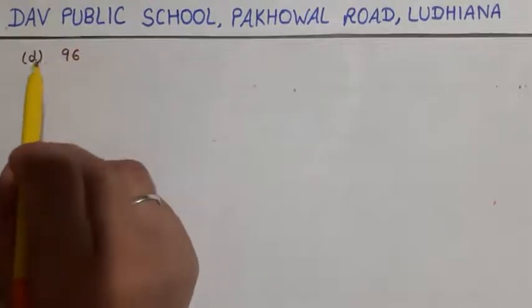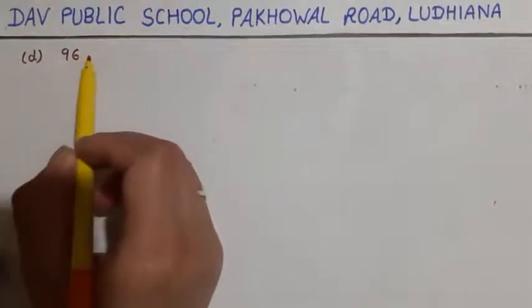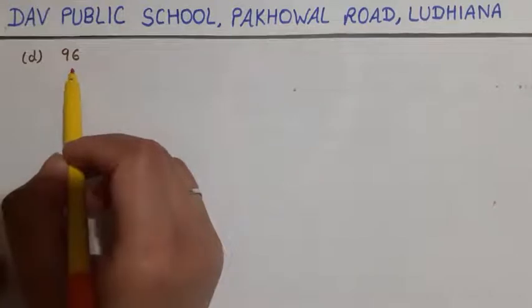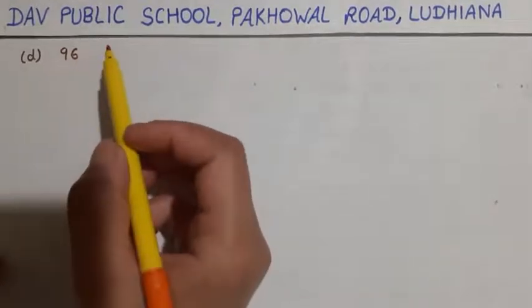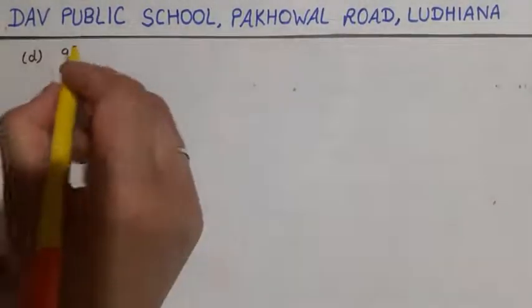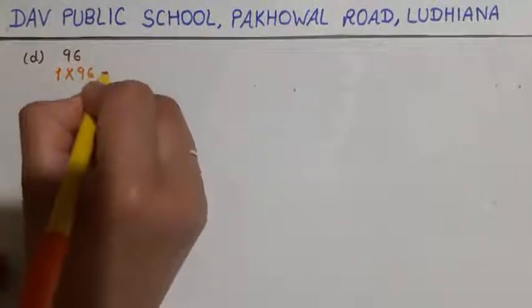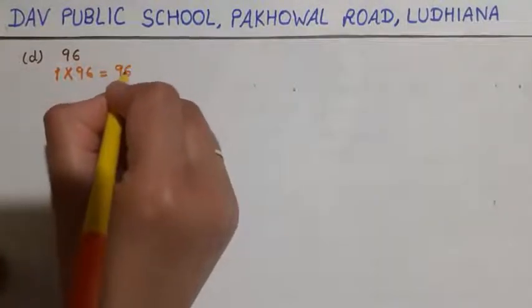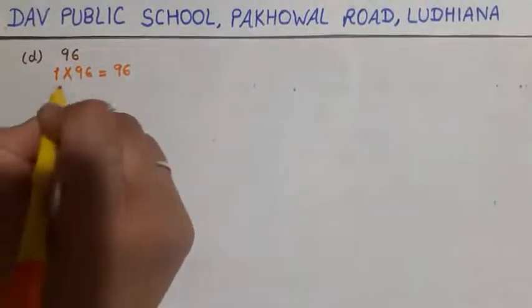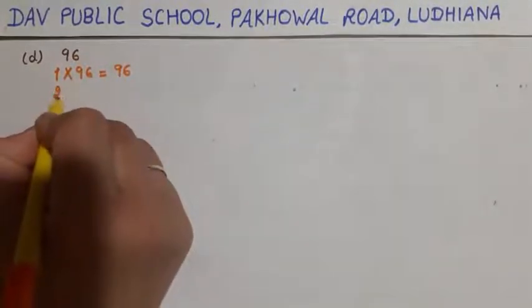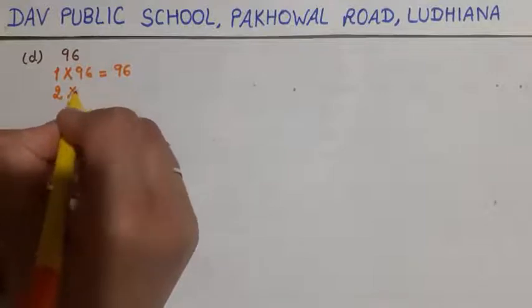Next part is D part, 96. First of all, we will write down the factors of 96. Let us find out. 1 multiplied by 96 is 96, right? Then 2 also divides 96 exactly.